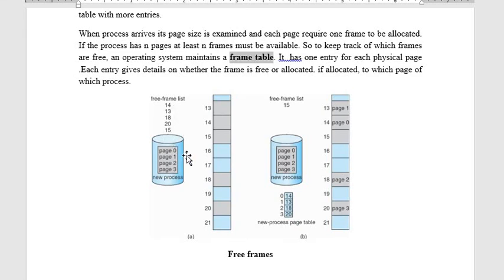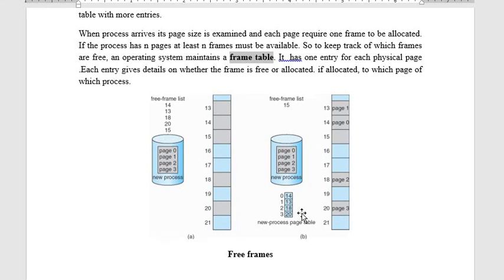So allocate pages 0, 1, 2, 3 somewhere on the frames. The 14th frame is free, so fit page 0 there, page 1 in 13, page 2 in 18 and page 3 in 20. After accommodating all the pages on the frames, the free frame list would be updated to only one, that is the 15th frame.